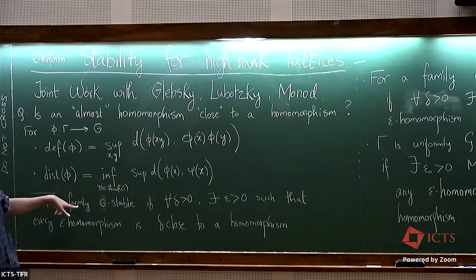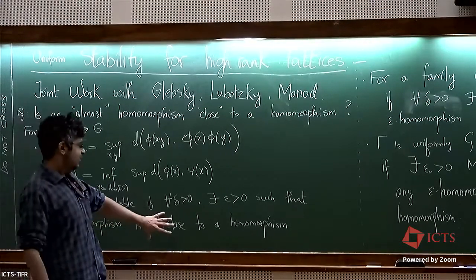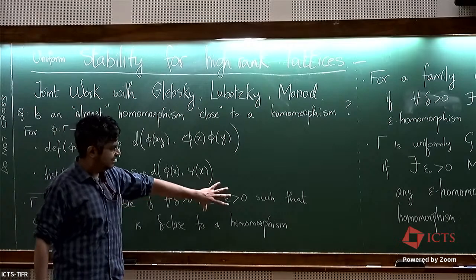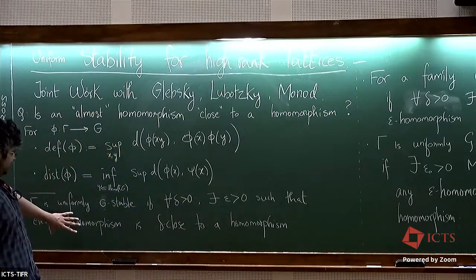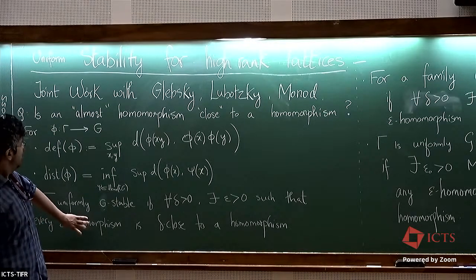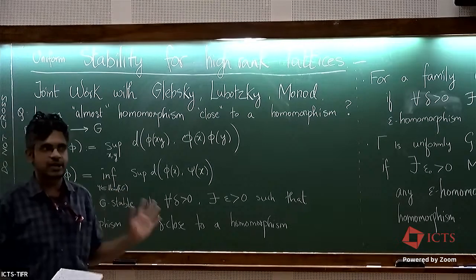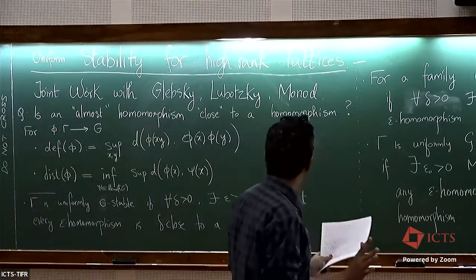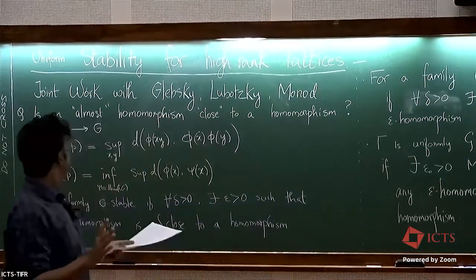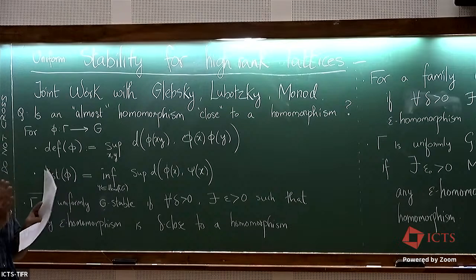So gamma is uniformly G stable if, given any closeness to a homomorphism, there exists some small enough defect such that this almost homomorphism is close to a homomorphism. This is the usual epsilon delta definition. But you should just think of it as, you can make the defect small enough so that beyond that the distance will be small.